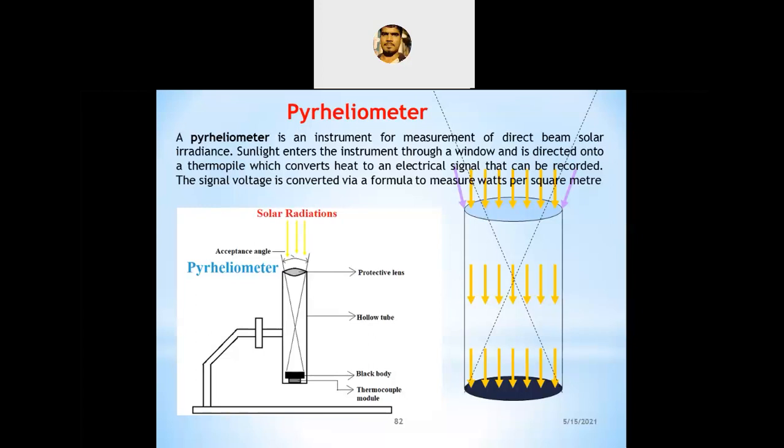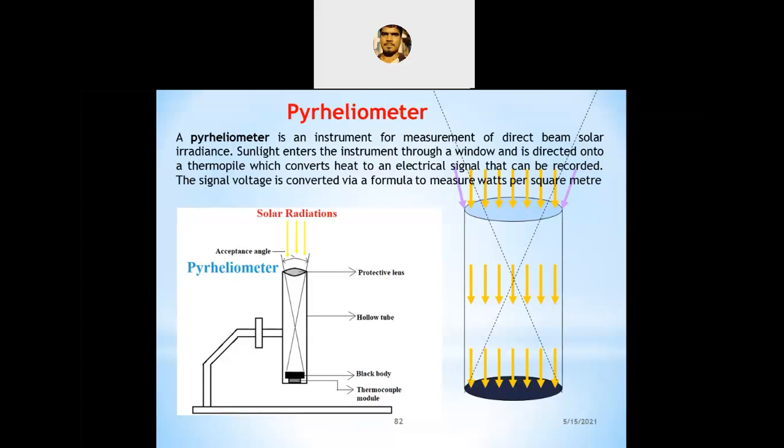Whatever rays are obtained on the shading ring include both unshaded, which is the global reading, as well as shaded, which is the beam. It will consider both. It is also another method.